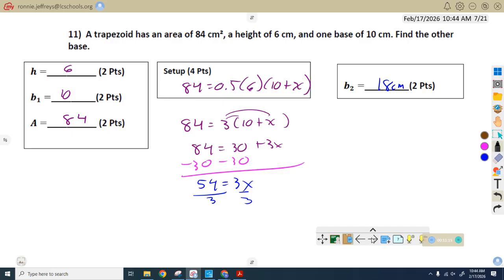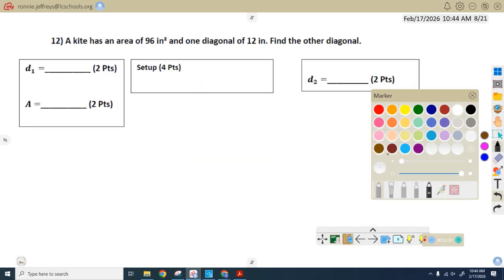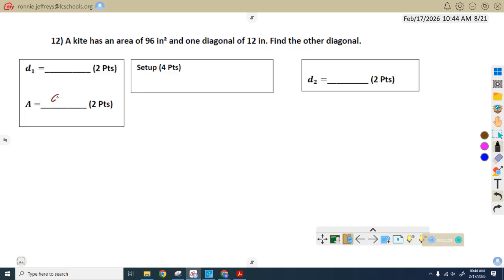All right. 12. Area is this, diagonals is this. So multiply by 2, multiply by 2.